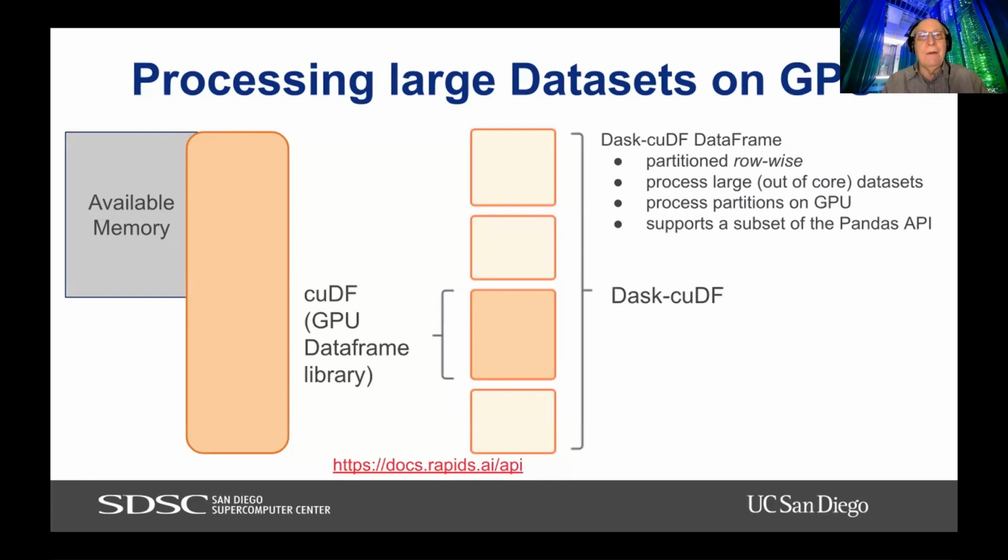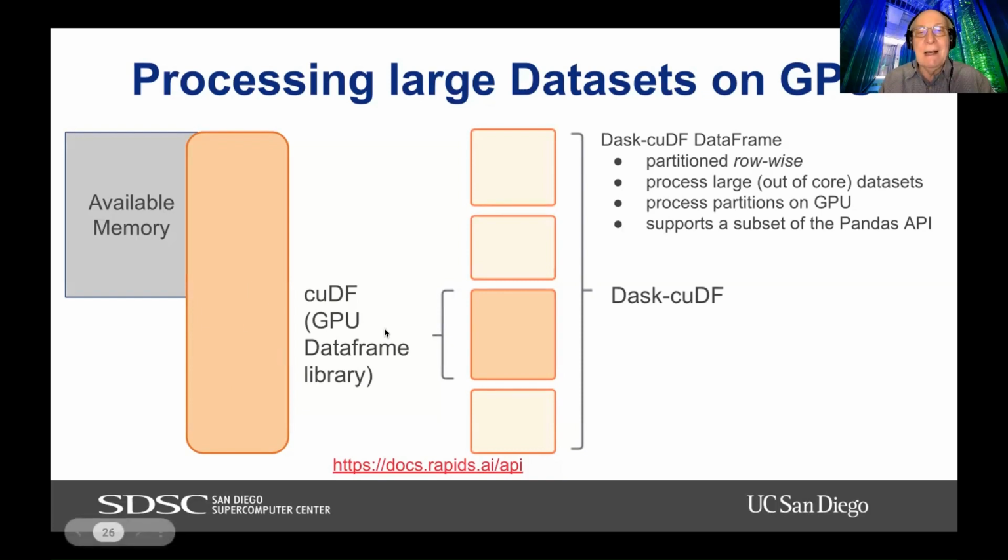The other way to do that is to use a GPU-powered data frame. NVIDIA has a set of tools called Rapids AI, which are basically GPU-powered tools for data science, and they developed a library called cuDF, which is a GPU-powered data frame, which looks very similar to pandas. It has most of the pandas functionality, but it has the same problem. If your data frame does not fit into the GPU memory, you still run out of memory.